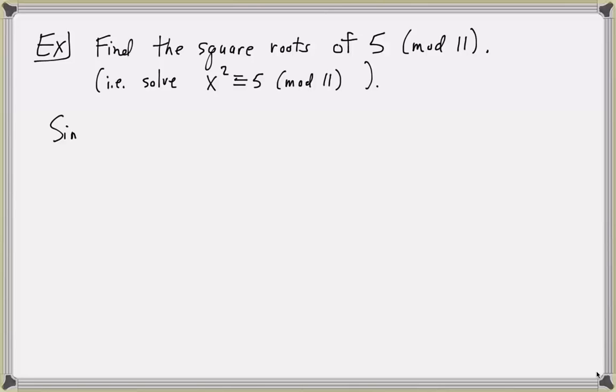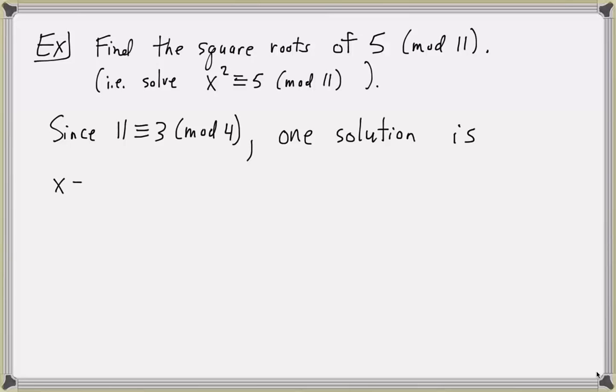So since 11 is congruent to 3 mod 4, by the previous theorem, one solution is x congruent to 5 to the power (11 plus 1) divided by 4.